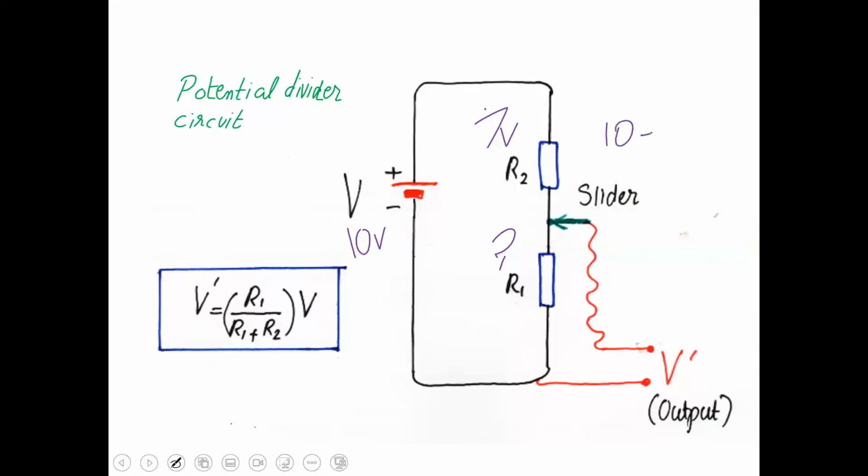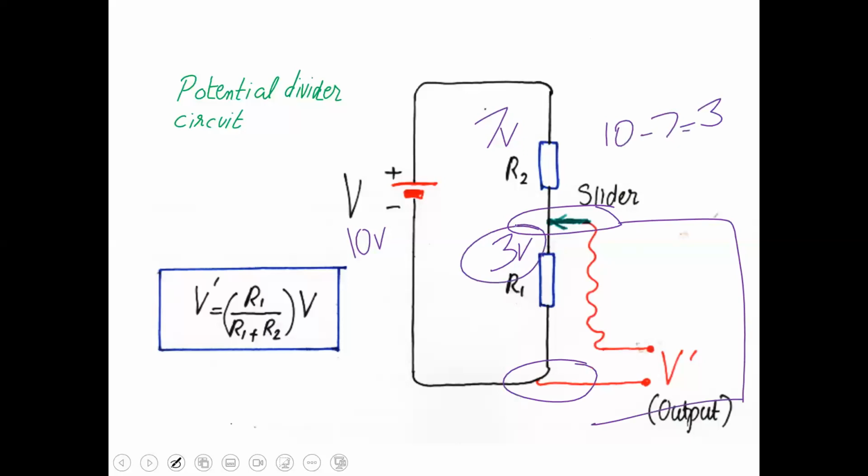R1 will be getting 10 minus 7, the remaining voltage. So R1 will be getting 3 volt. Look at this slider. Look at the second wire. So it's a parallel combination. So this 3 volt will come outside as the output voltage.